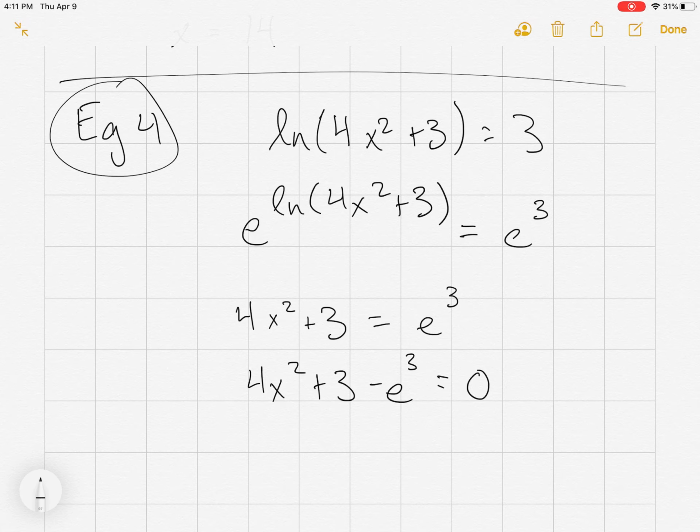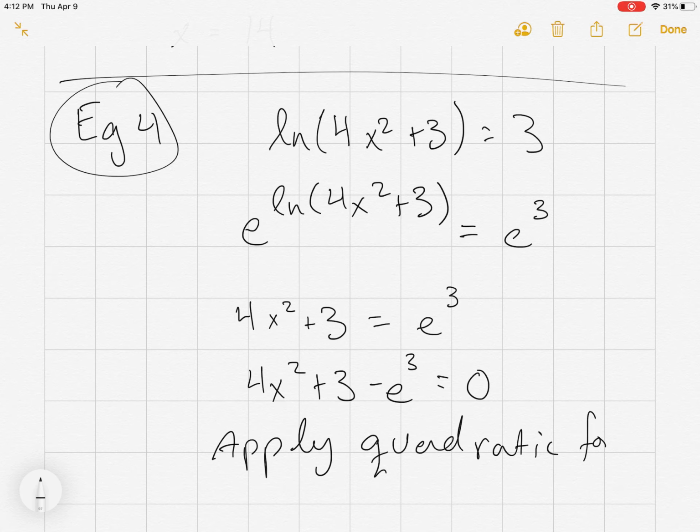And once again, we've got a quadratic here, and so we can apply our quadratic formula. Right, no problem. Just identify your A, B, and C, plug it into the formula and chug.